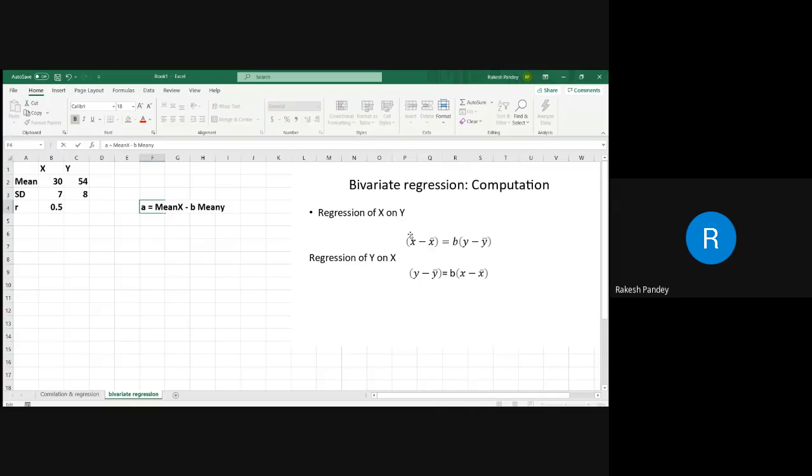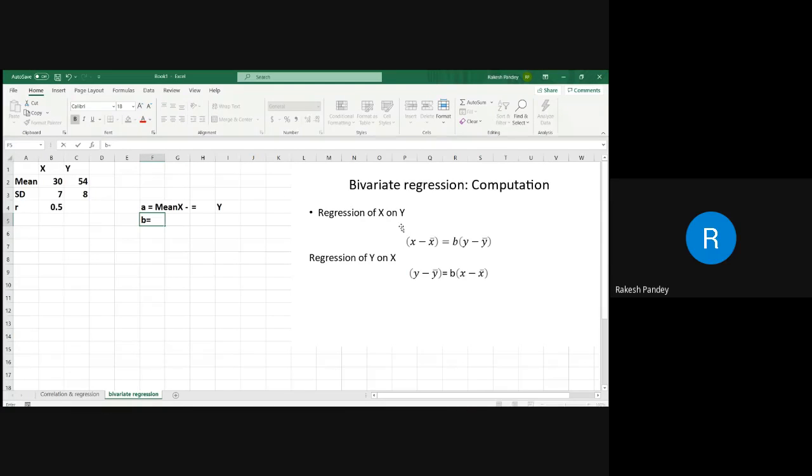So x bar minus b y bar is equal to a. And b we have to compute. I am just telling it loudly. You write the formula. b is equal to, this is regression of x on y.